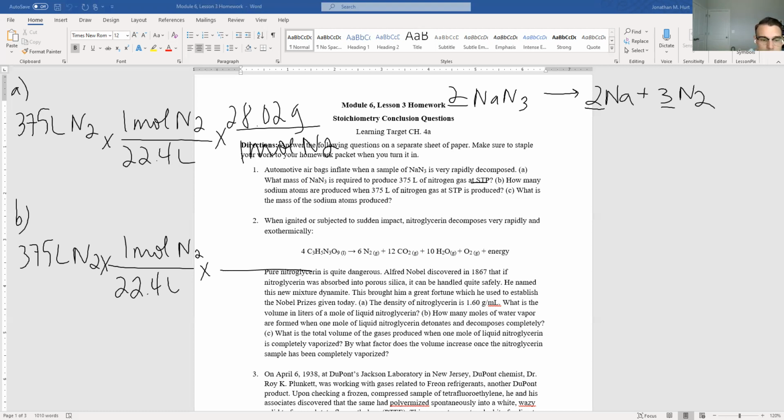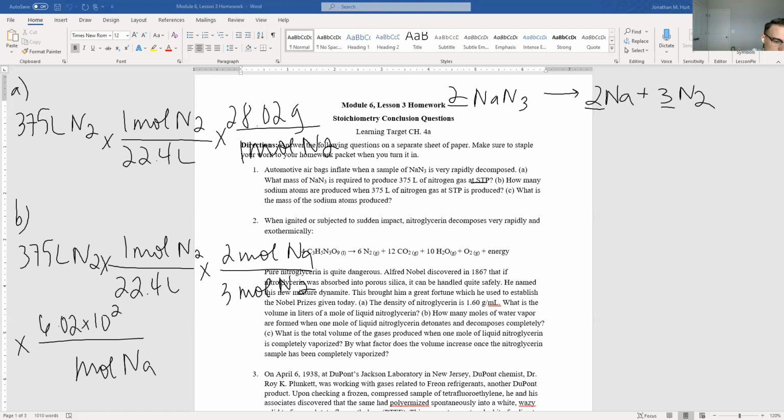Okay, so from our balanced equation, for every 3 moles of nitrogen, I get 2 moles of sodium. I'm going to do my last step right over here so you can see it better. So moles of Na go on the bottom, and we're trying to figure out atoms. So that's Avogadro's number, 6.02 times 10 to the 23rd atoms of Na for every 1 mole. That's it. That's B. And then, of course, you're going to find your answer.